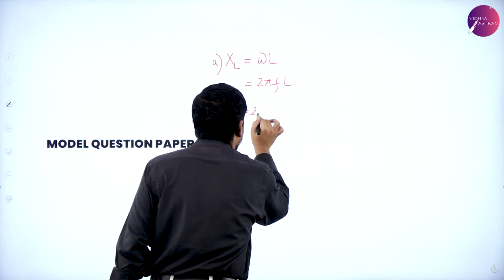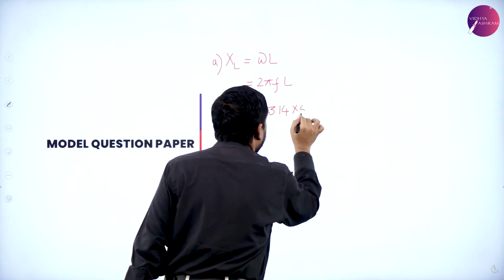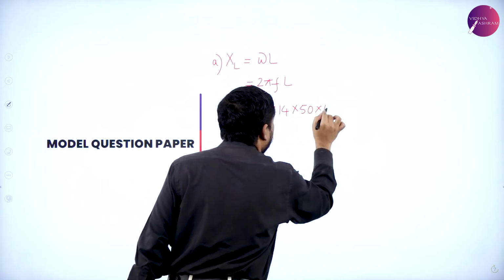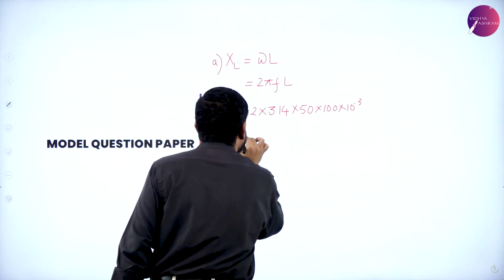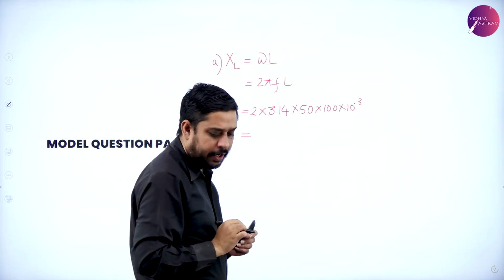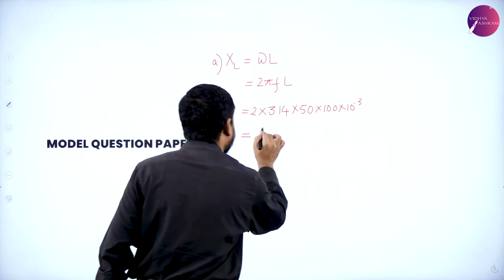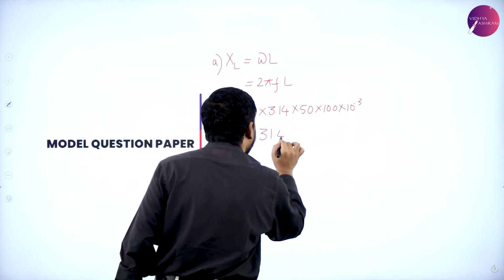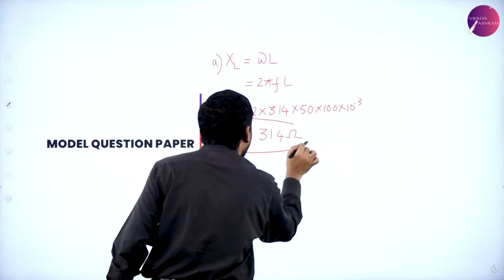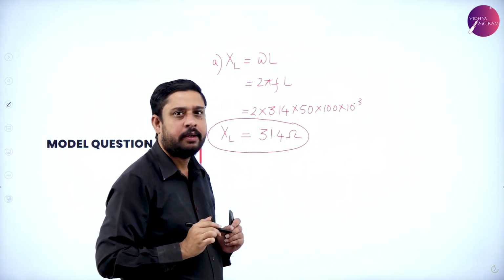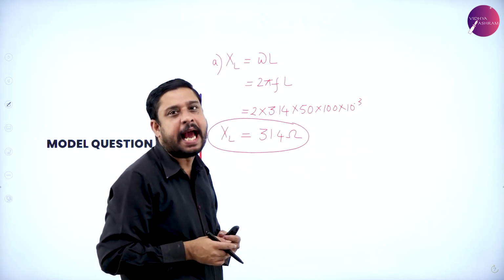So this is 2 into 3.14 into 50, 100 into 10 power minus 3. And on simplification, this turns out to be 31.4 ohms. So this is the value of XL, where XL is also called inductive reactance.